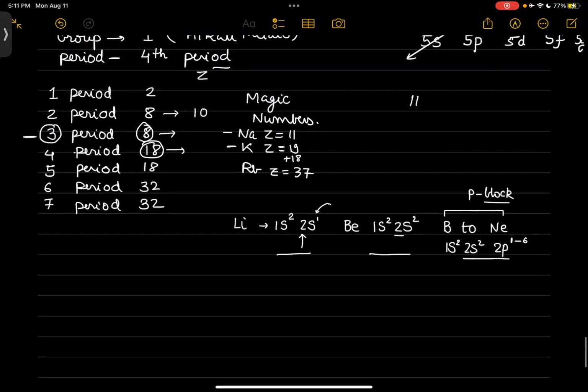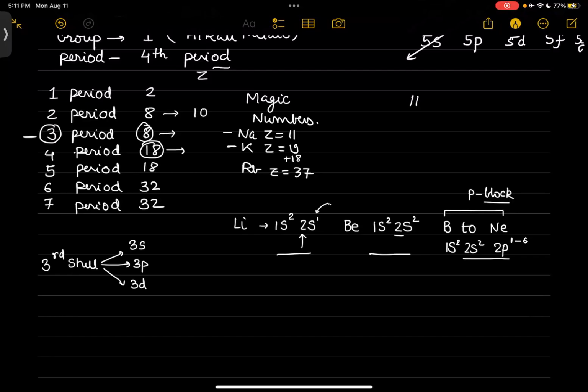Third period, how many elements? 8 elements. But tell me, how many subshells are there in the third shell? 3s, 3p, 3d.